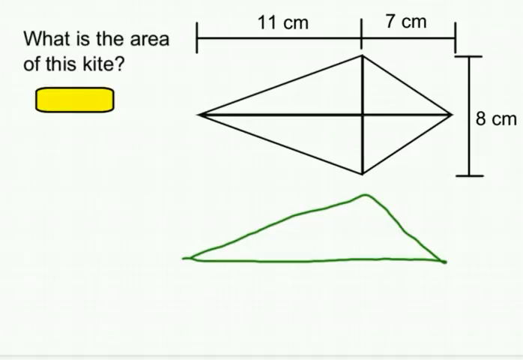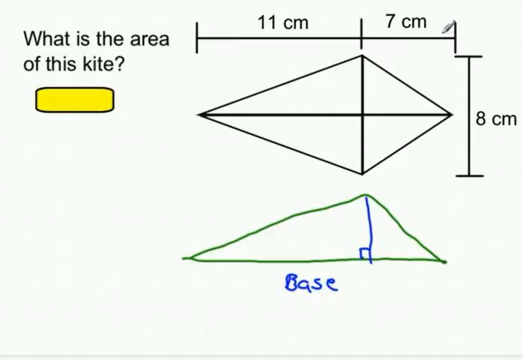And what we need to do now is establish the base distance, and we need to establish the height distance. Okay? Well, the base is going to be 11 plus 7.